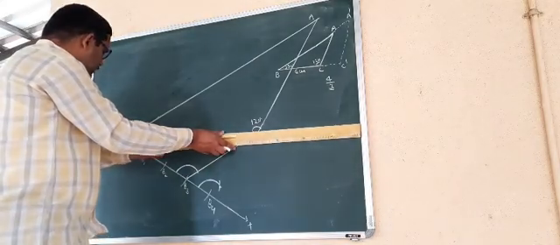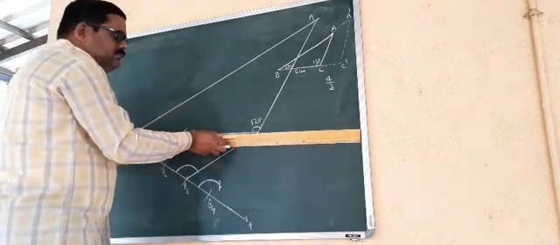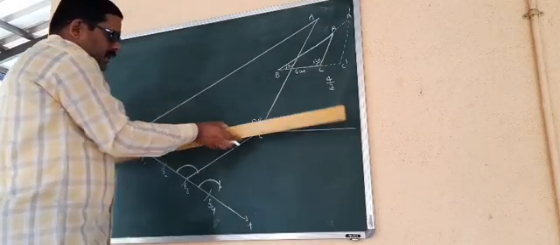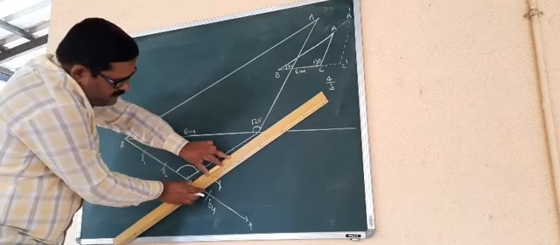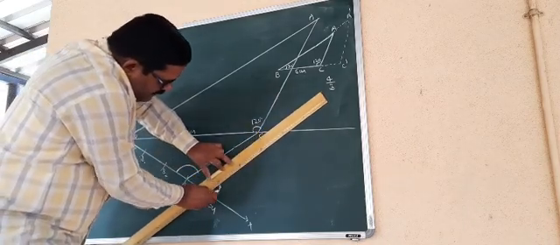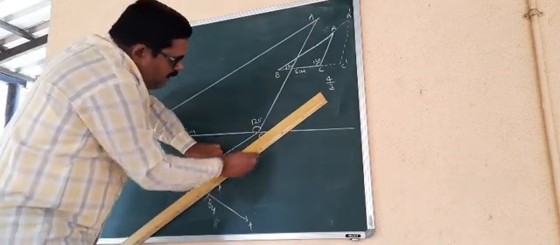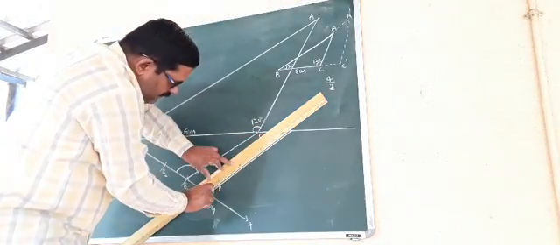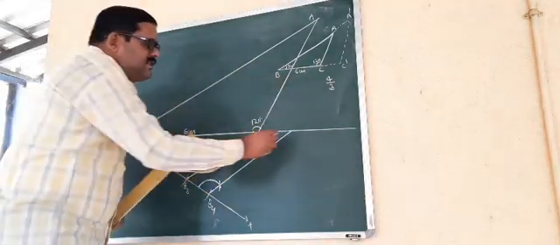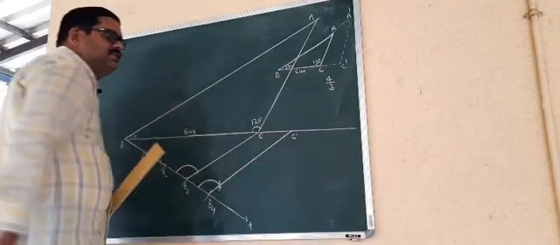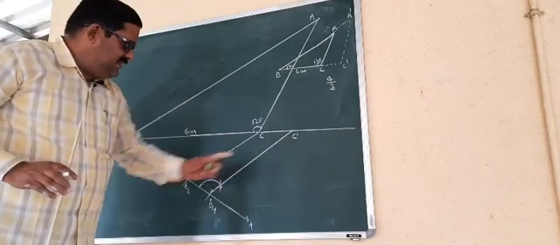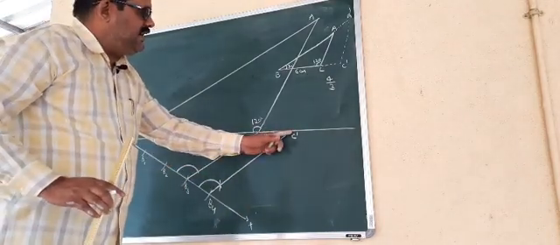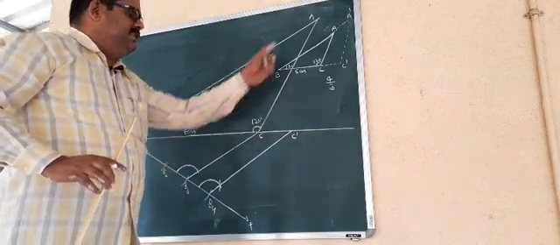Now extend this BC and by joining this point, the line segment which we are getting will meet the extended line at point C dash. So C dash is parallel to B3C. Now we have to construct a parallel line at C dash for this CA.